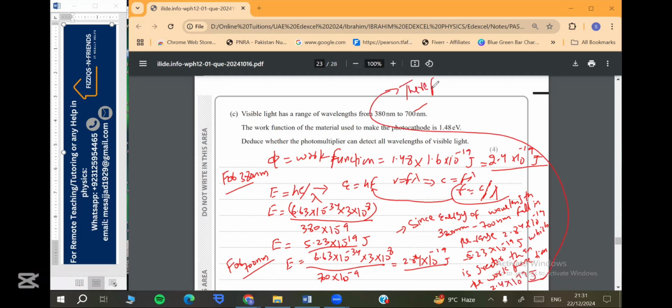Therefore, the photoelectric effect will happen for all wavelengths from 380 nanometer to 700 nanometer.